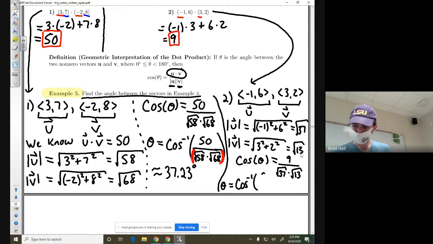Take the inverse cosine of 9 divided by square root of 37 times square root of 13. Hopefully you put it in your calculator correctly this time and get 65.77 degrees.